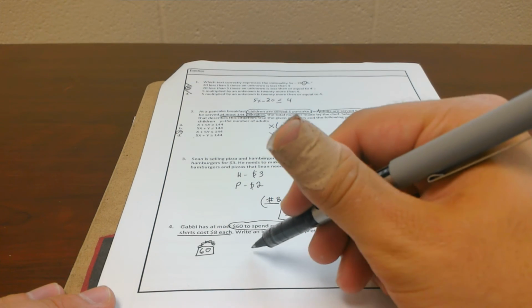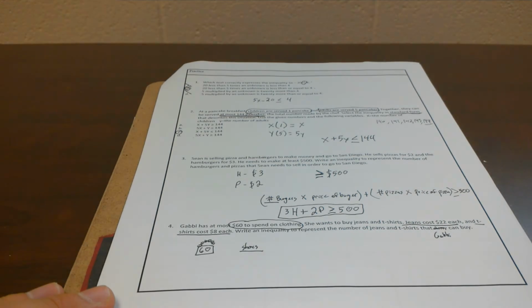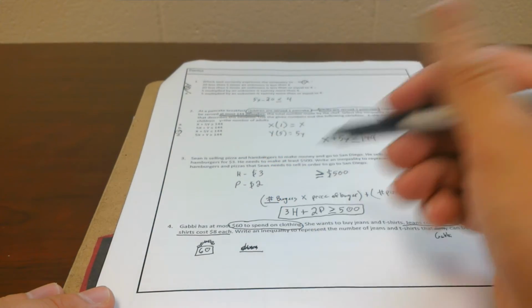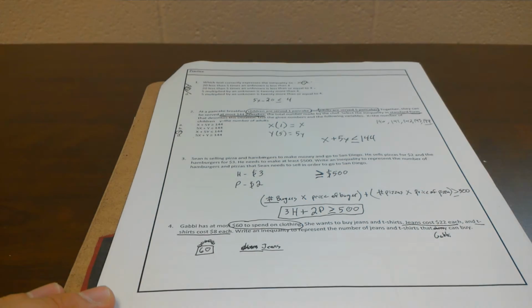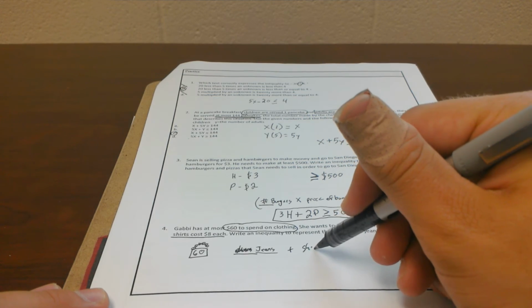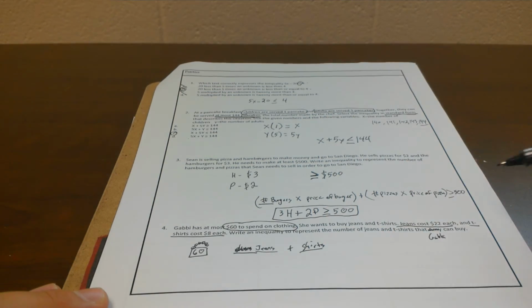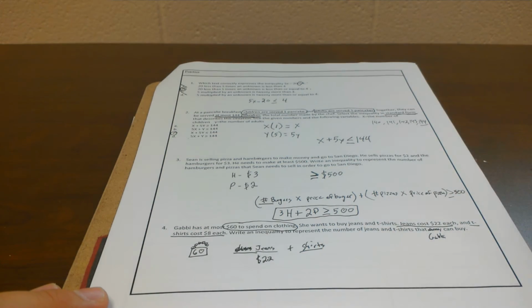She wants to buy shoes. No, excuse me. Change that. That is jeans. And she wants to buy shirts. The jeans cost $22. The t-shirts cost $8. So how many of each can she buy?